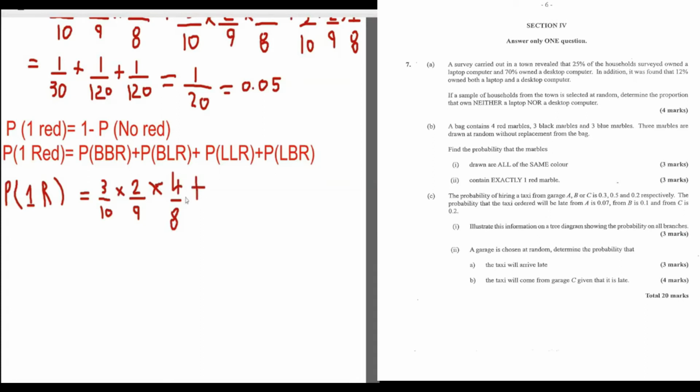And you do the same for the other orderings. This method seems longer, but this is the principle. I'm just going to do the first one.